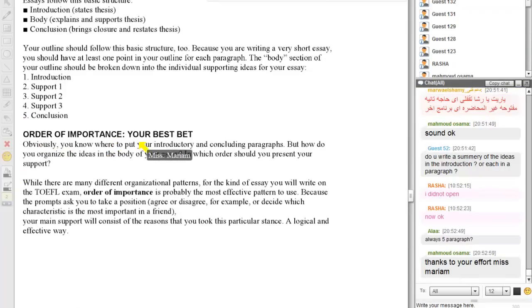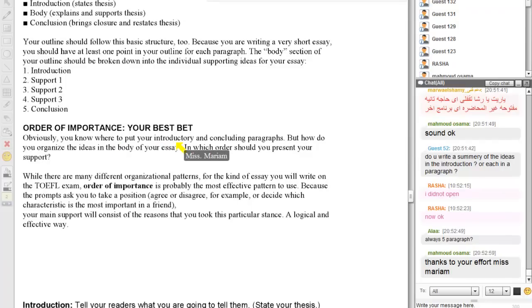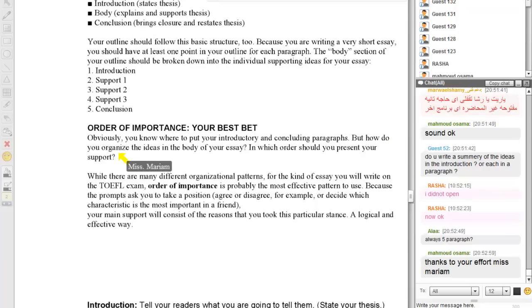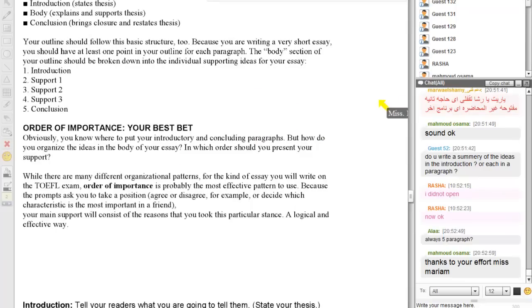The order of importance. What does it mean? This is how you manage to arrange your ideas or to organize your essay. Obviously, you know where to put your introductory and concluding paragraphs, but you have to organize the body of your essay.